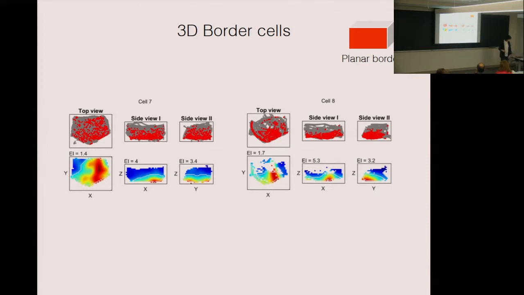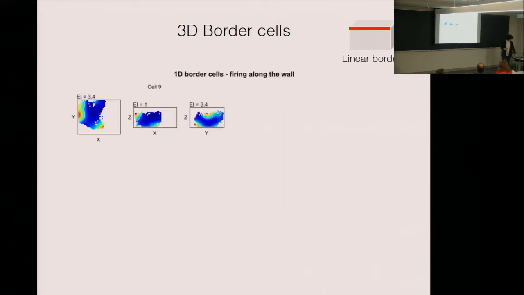Another example for this, here you can see it, I think, more clearly in the spikes, just in the raw data. It's just firing around the floor. So this is what we think looks like what could be a planar border.